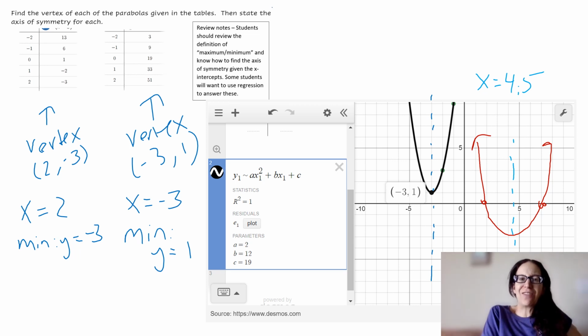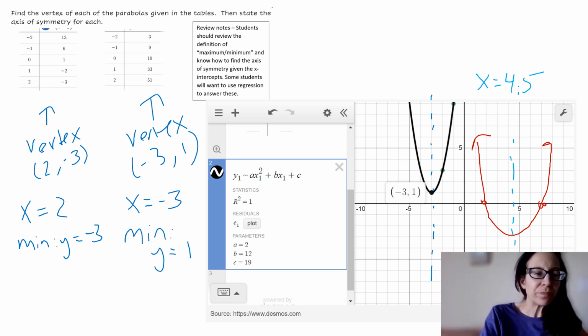So those are the different skills. Make sure that you can do regression if you are one of my students and you know you're going to have access to the Desmos calculator. If you need to do a regression, do a regression. Also note that you can do regressions in different forms.